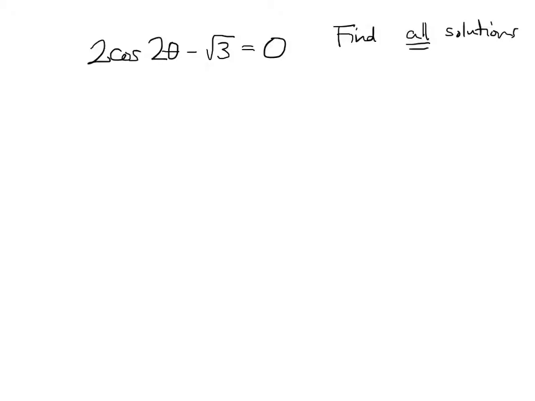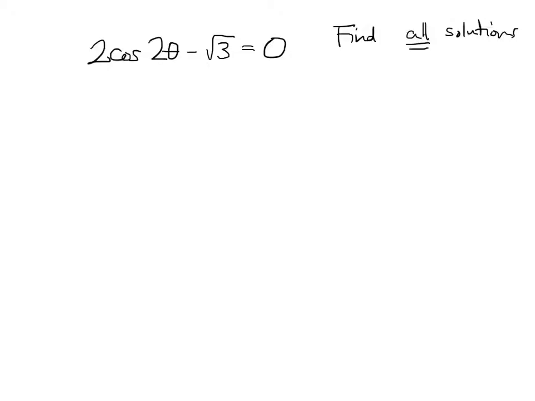For this one, we're actually asked to find all the solutions. We notice that we have a 2 theta, which would tempt us to use a trig identity. But there's no need because there's no other cosine or sine in the problem, so there's no need to get their arguments matching.